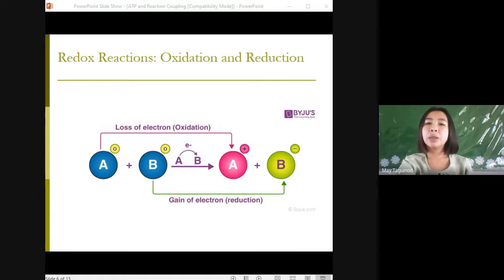The transfer of electrons during chemical reactions releases energy stored in organic molecules. This released energy is ultimately used to synthesize ATP, or adenosine triphosphate.